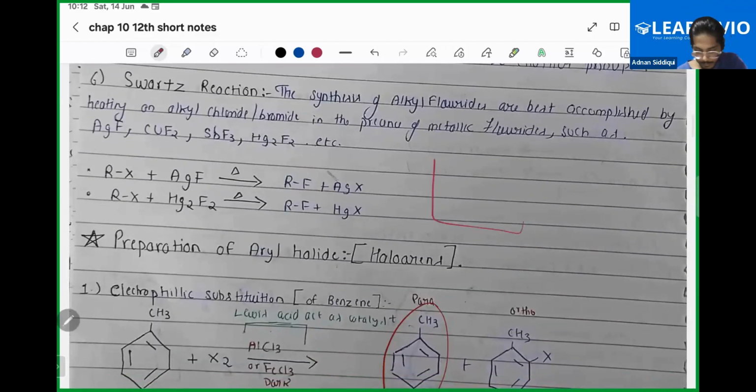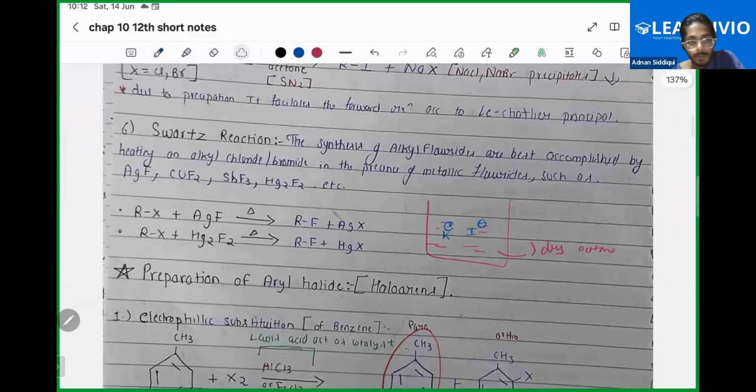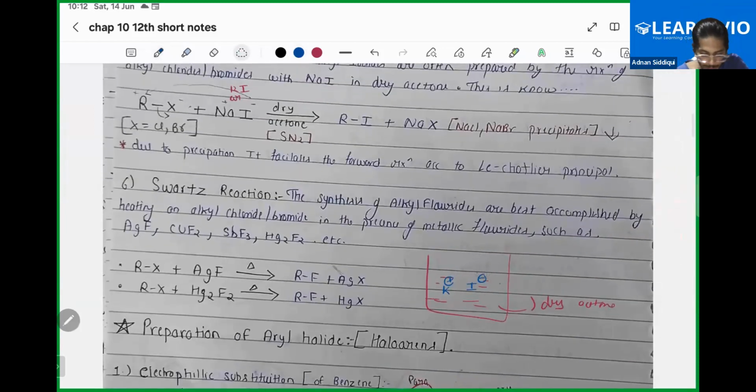Suppose this is dry acetone and this is my KI. KI will dissolve in this medium into K positive and I negative. Now, because this is in the form of ions, this I negative will attack here and displace this X.